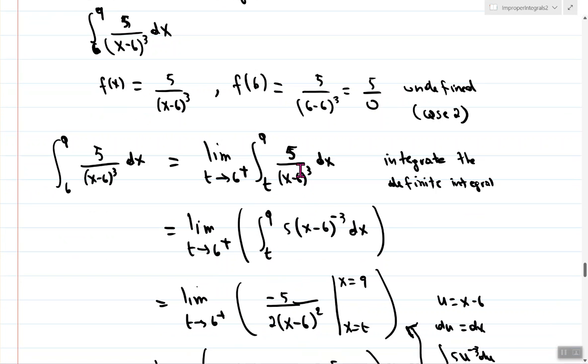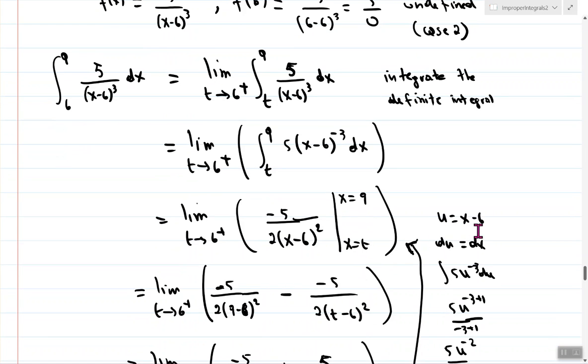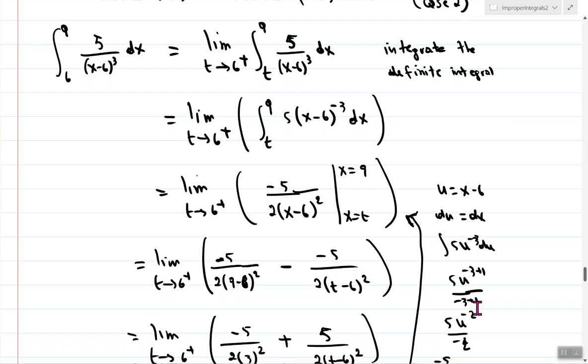Then, to do this, again, it's going to be the u substitution, so we need to bring this to the numerator, which will change the exponent from positive 3 to negative 3. And we let u equal x minus 6. So du is dx. So basically, you're going to have 5u to the negative 3 du.